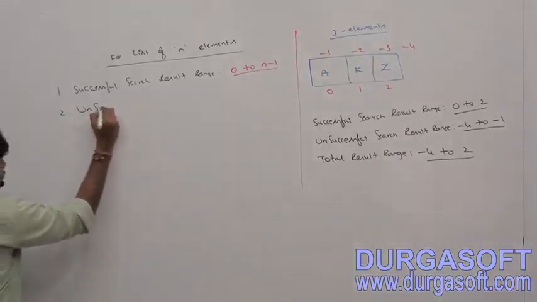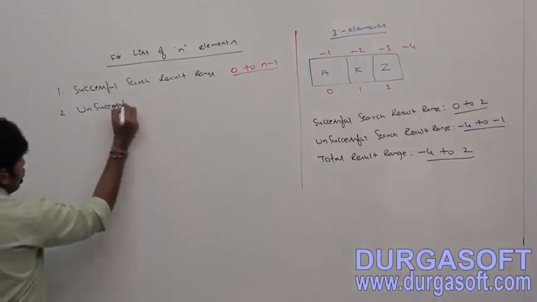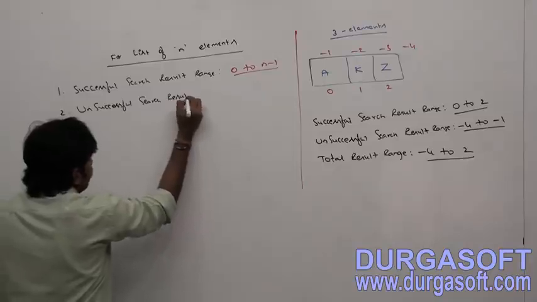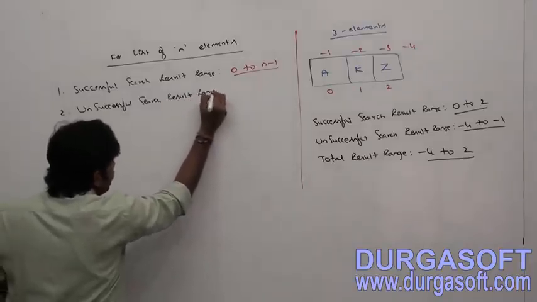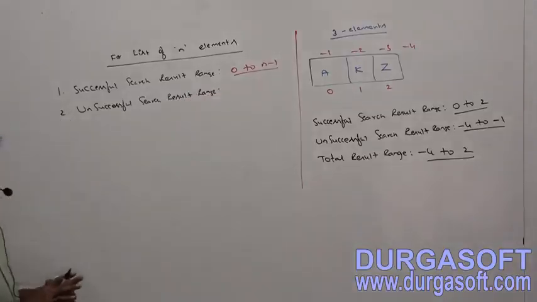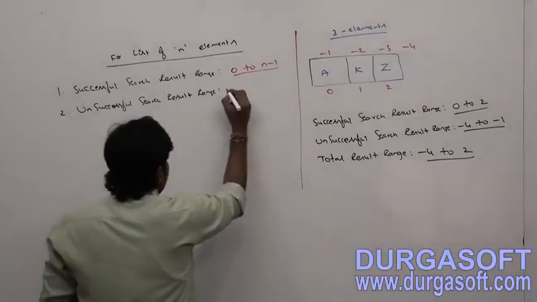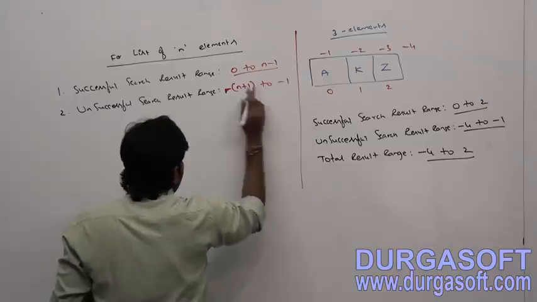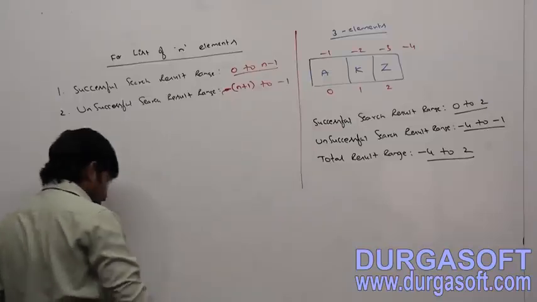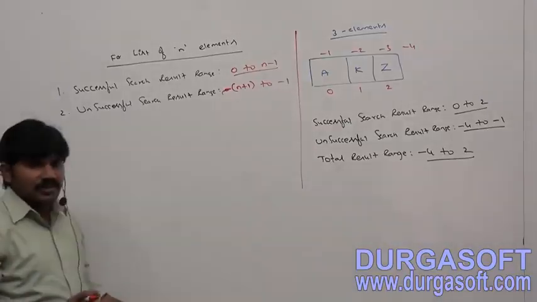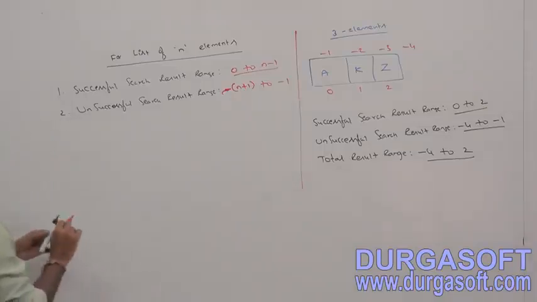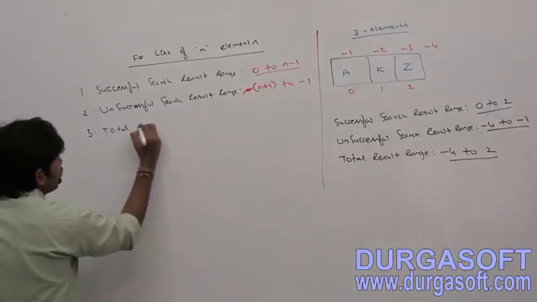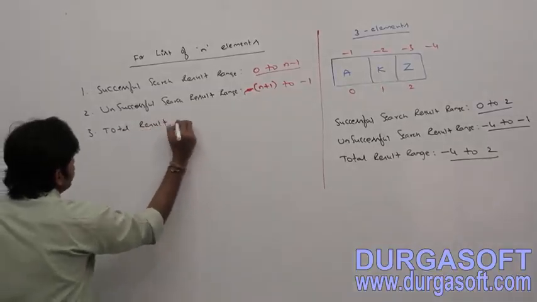Next, unsuccessful search result range. What is the unsuccessful search result range? Minus of n plus 1 to minus 1. Are you getting? Next, total result range.